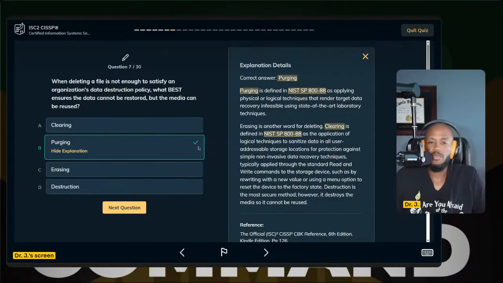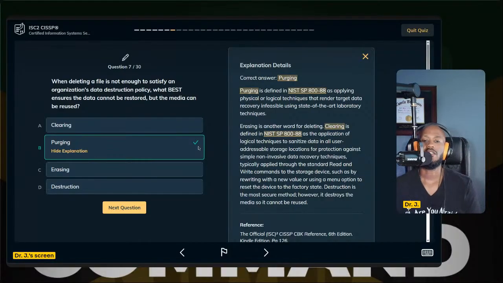So purging is defined by NIST SP 800-88 as applying physical or logical techniques that render target data recovery infeasible using state-of-the-art laboratory techniques. Erasing is another way of saying deleting.